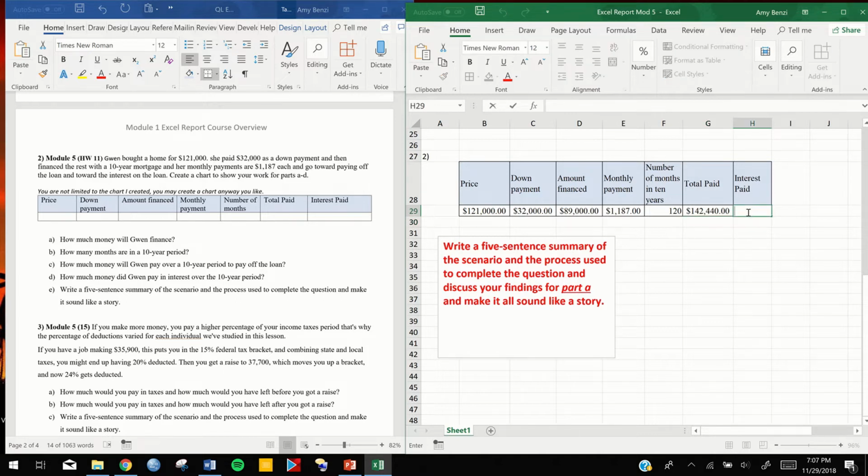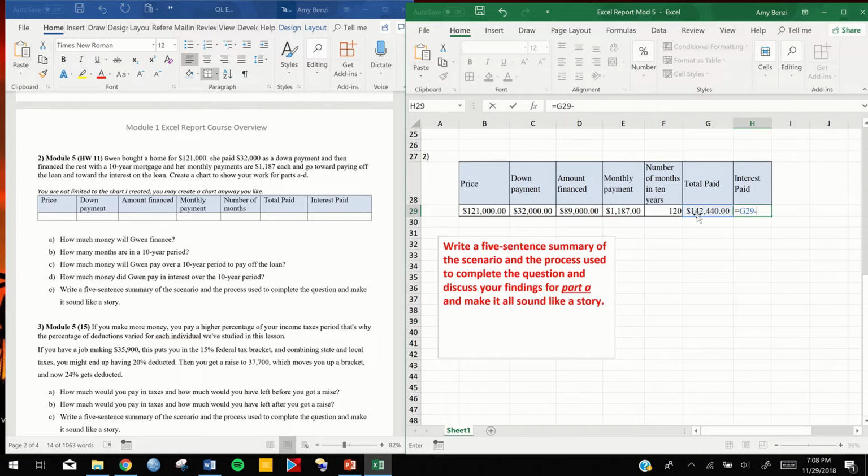Now, what was her interest that she paid? See, in number 4, we're going to calculate interest in a different way. The interest that she paid was the total minus what she financed, right? Because she borrowed. See, like right now, if you don't look at it right, you might think, oh, okay, she paid $21,000 in interest, which is still a lot.